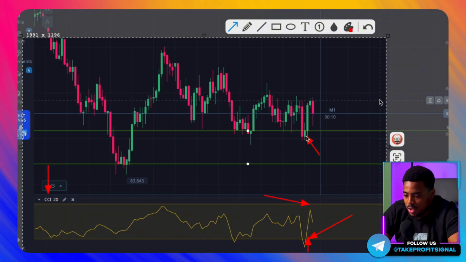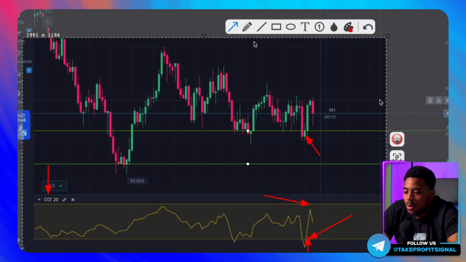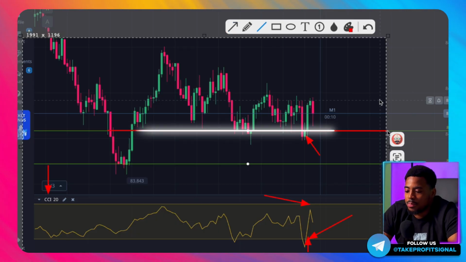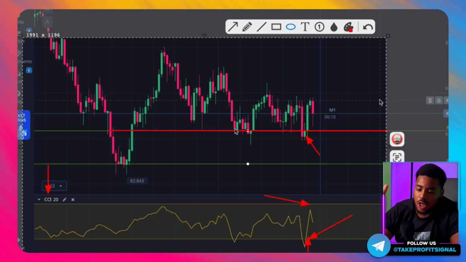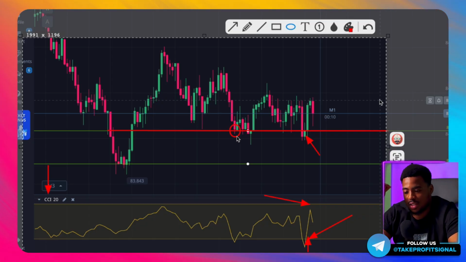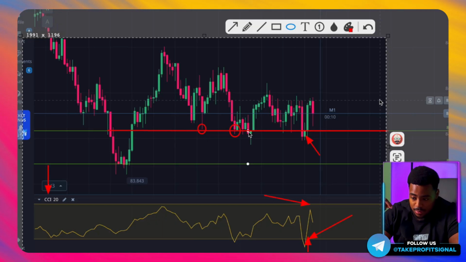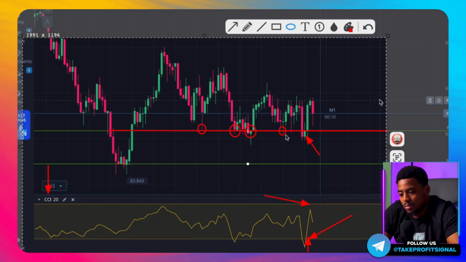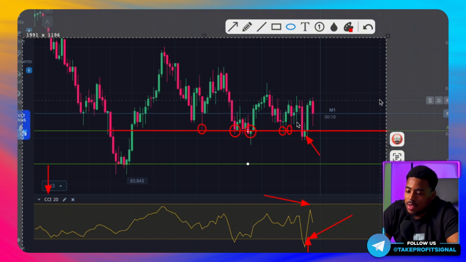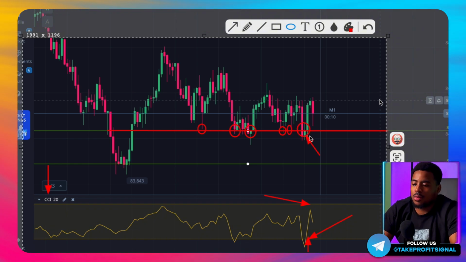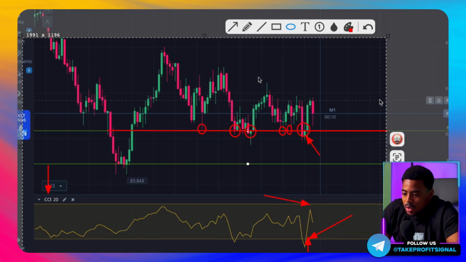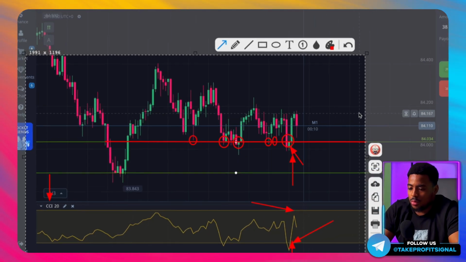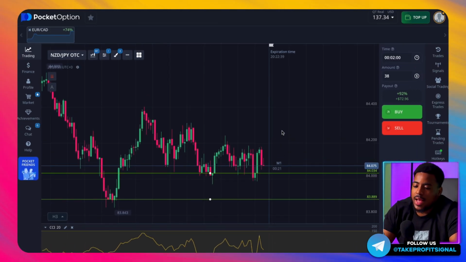So we open a position on the upside, and we open it in this place because we have a horizontal level here. That is, the chart pushed away from this level once, twice. There was even a third touch, a fourth touch, a fifth touch, and on the sixth touch, we enter the trade on the upside again and earn. Let me show you the same thing on the next example.